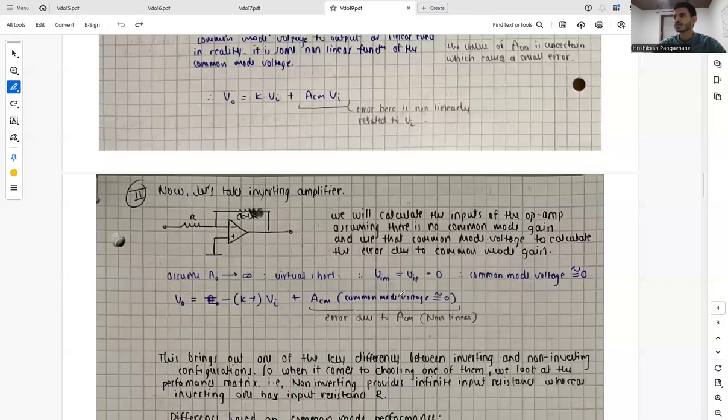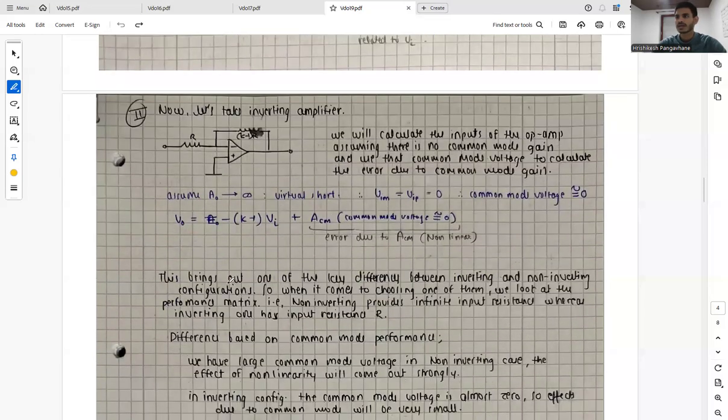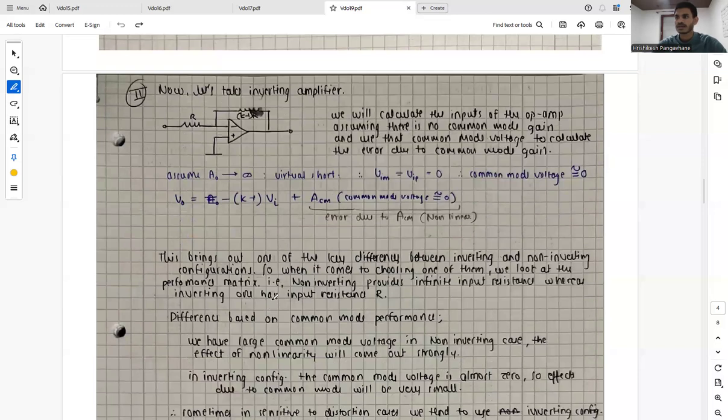So when it comes to choosing one of them, we look at the performance metrics. For example, non-inverting configuration provides infinite input resistance, whereas inverting has input resistance of R. But the main thing over here is the difference between the two based on the common mode performance.